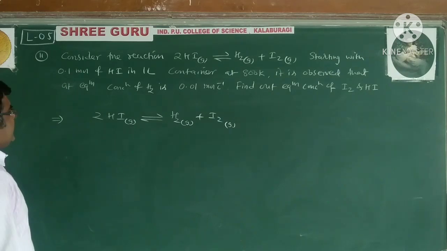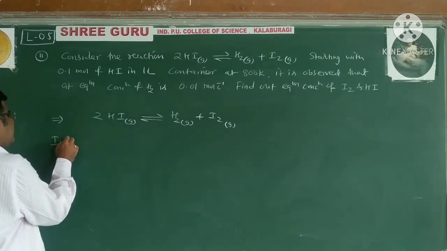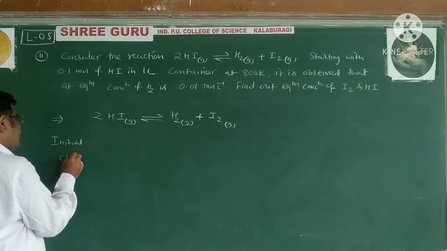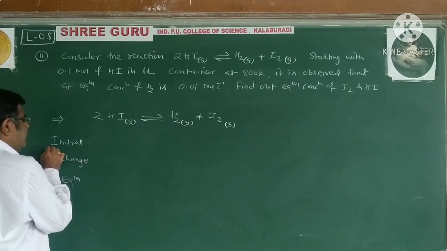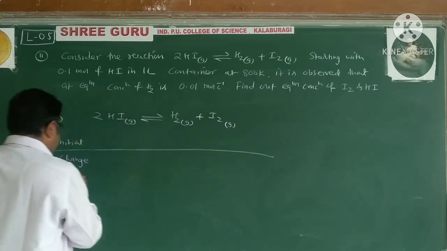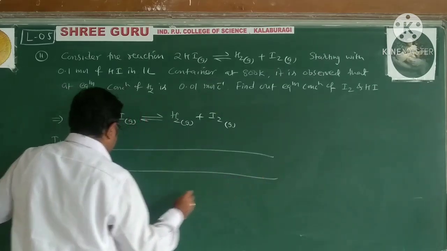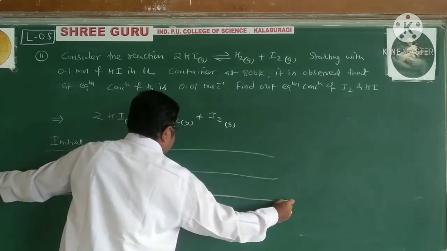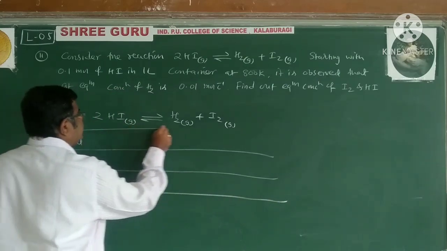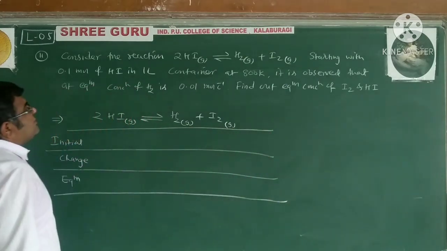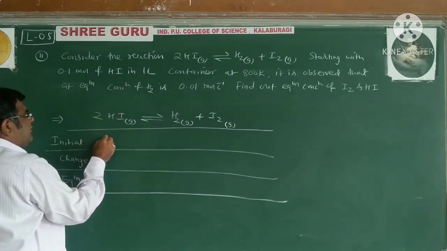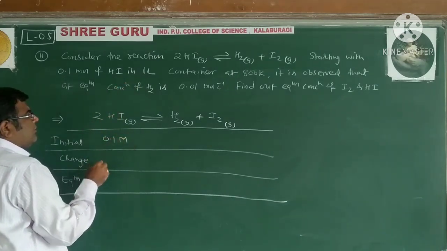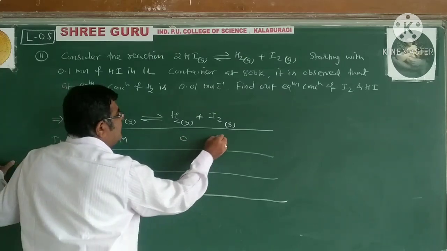Initial concentration, starting means initial. Change and equilibrium. This type of table. Why do this? What is the initial concentration? 0.1 in 1 liter means 0.1 mole per liter. Hydrogen and iodine, they are 0.